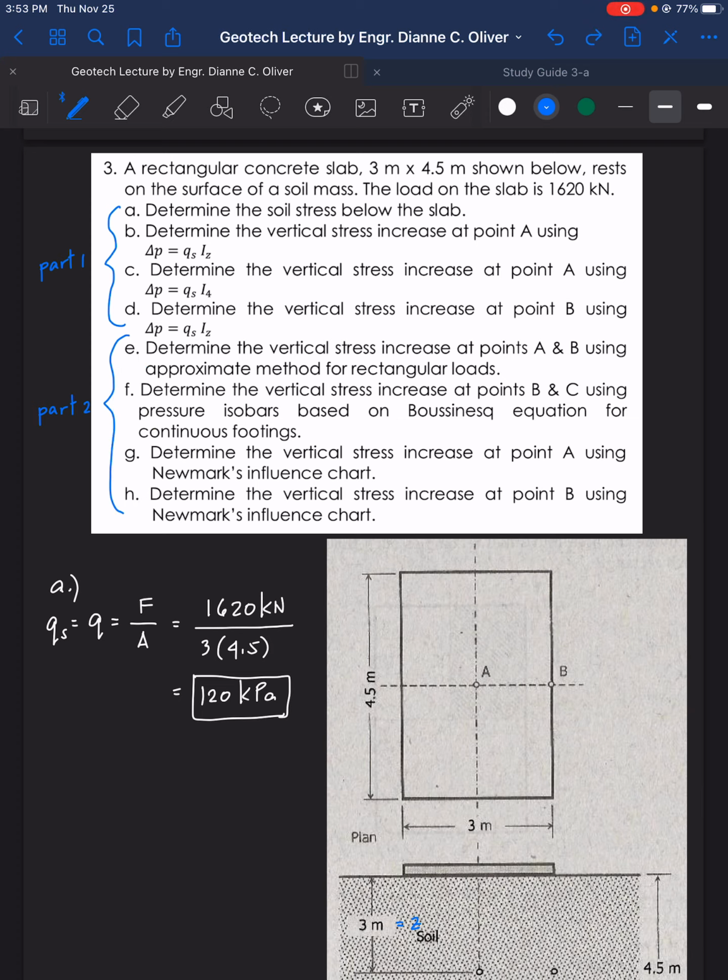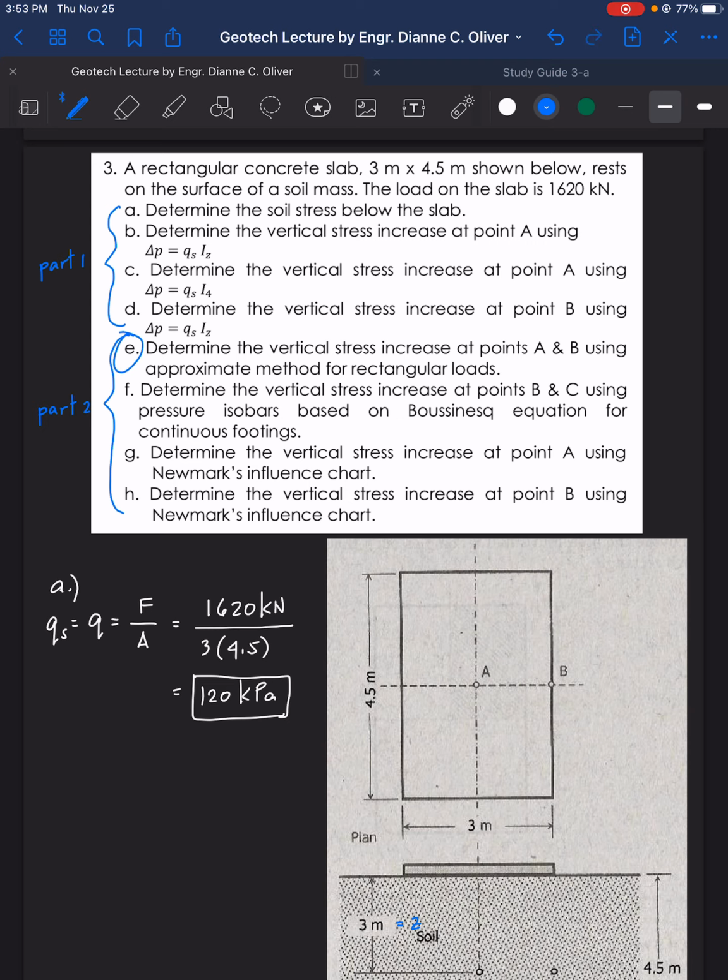Okay, let's continue in solving this sample problem number 3. A rectangular concrete slab 3 meters by 4.5 meters shown below rests on the surface of a soil mass. The load on the slab is 1620 kilonewton.